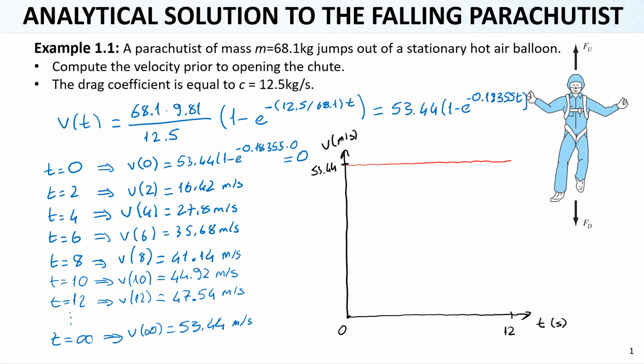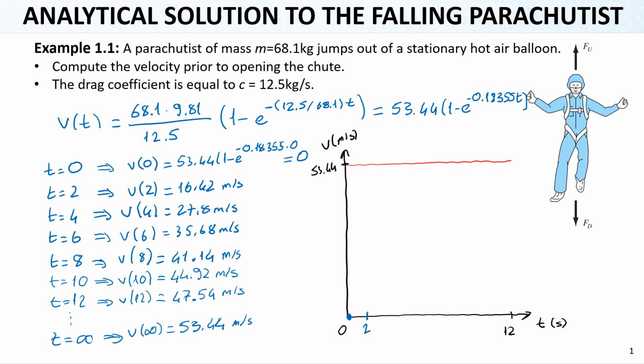If we plot these values starting from 0, t2, t4, let's draw them as well. Here for 0, it's 0 anyway. For 2, the value is 16.